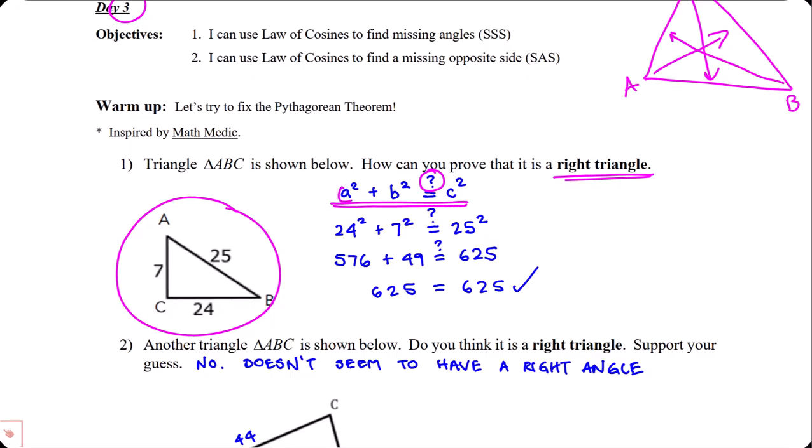Again, A is opposite angle A, B is opposite angle B, and C is opposite angle C. 24 squared, 7 squared, 25 squared. No, A does not have to be the smallest one. Squaring each of these numbers, adding these two together, sure enough, it fits the Pythagorean theorem.